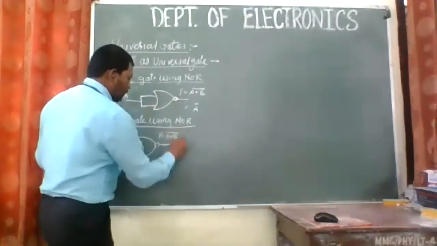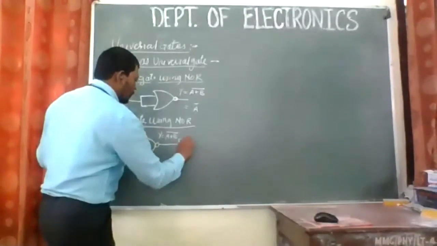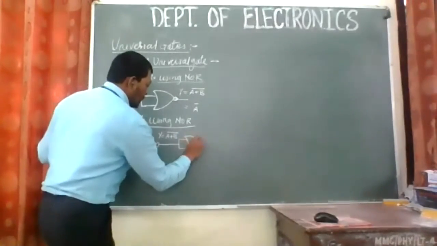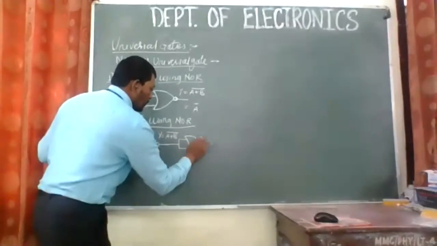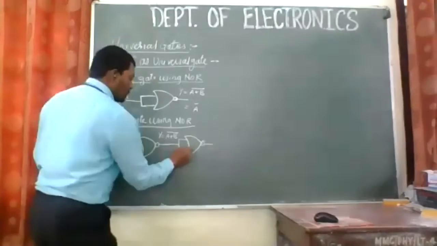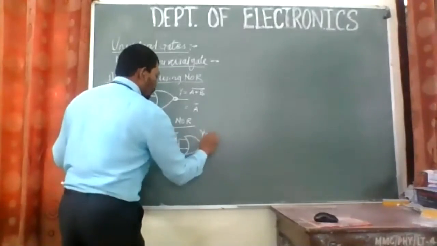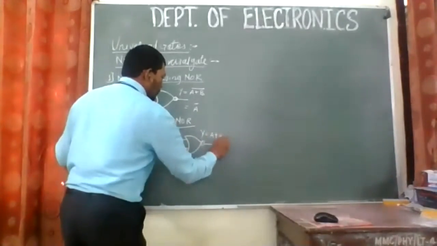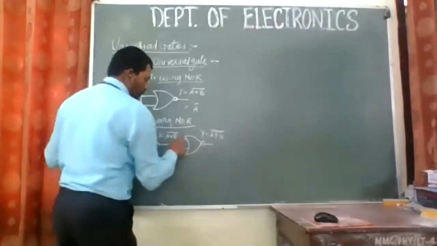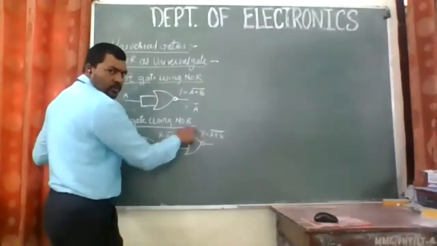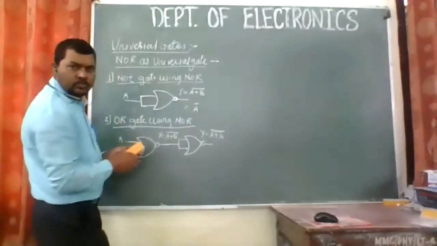So I will use this NOT gate which we have prepared over here. I will attach that NOT gate, made using NOR, like this. Now this equation will be y equal to A plus B. It was already complemented, and we are having another complement because of this NOT gate, so it will be a double complement.